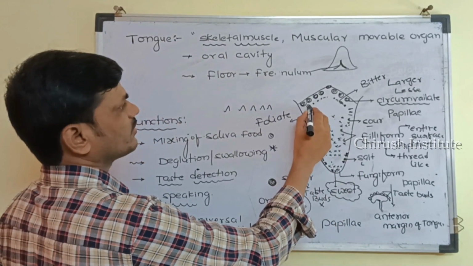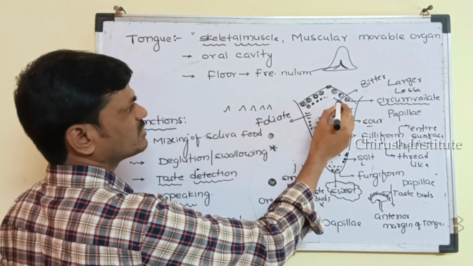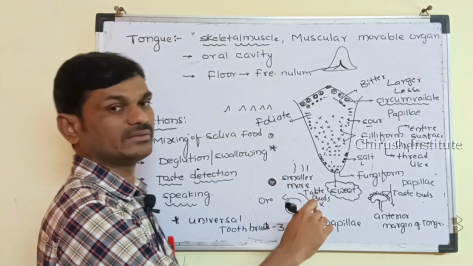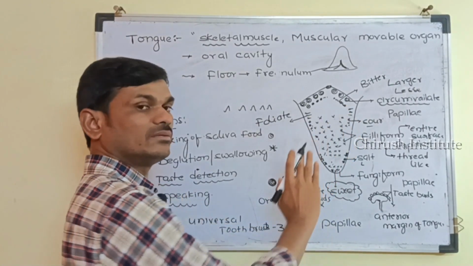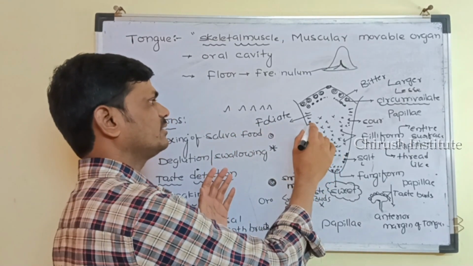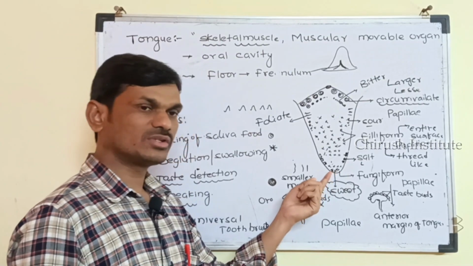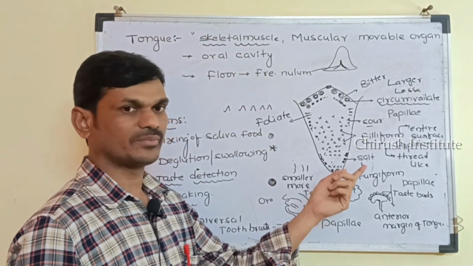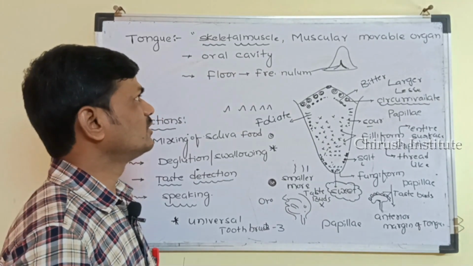The taste buds for bitter are present at the base of the tongue, and the taste buds for sour are present at the base of the tongue but on the lateral or corner side. So this is the distribution of the taste buds for the various tastes: sweet, salt, sour, and bitter.